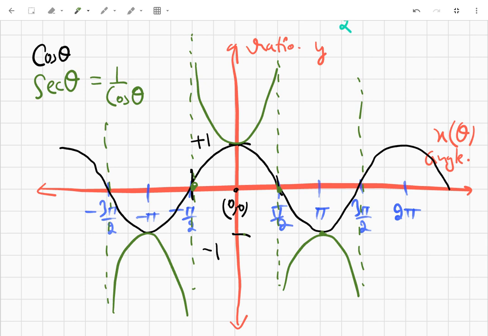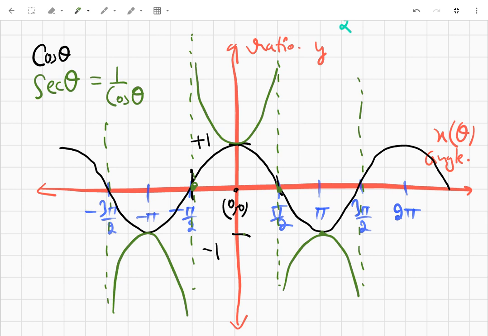Now you can go back and see the comparison between cos, secant and then sine, cosine. Okay. Now, why I'm grouping cos, secant and tangent together is because they show a similar pattern from negative pi by 2 to pi by 2.